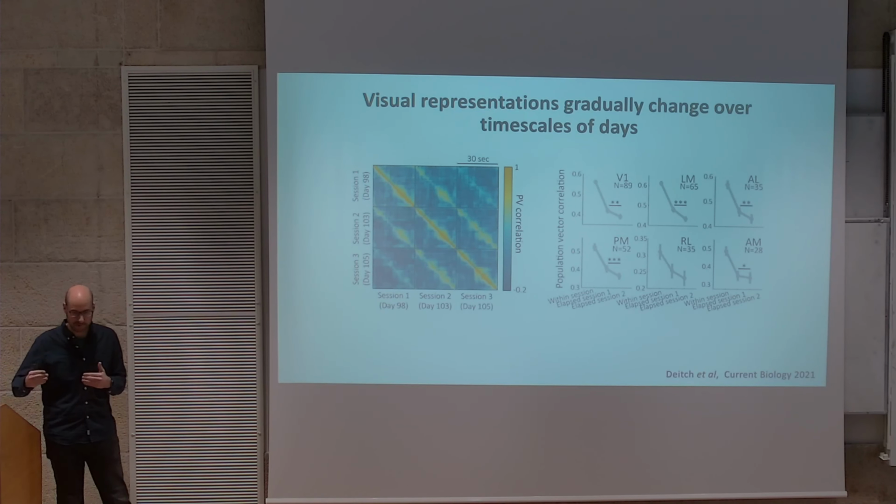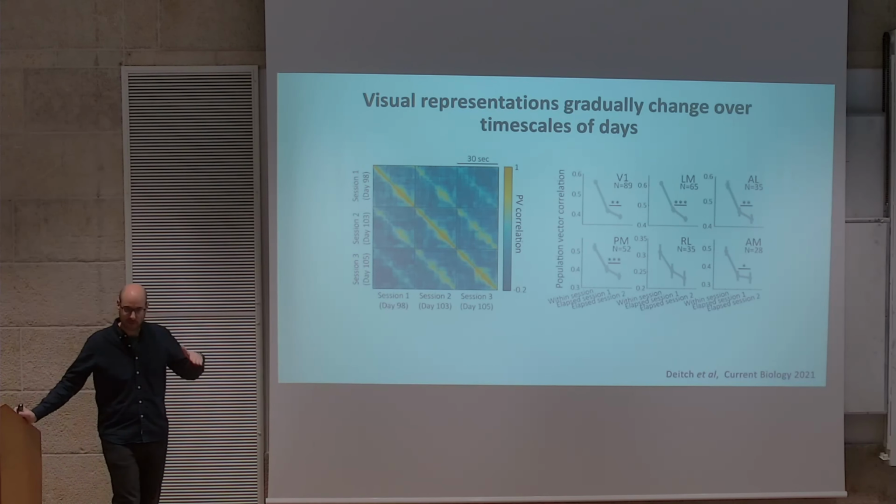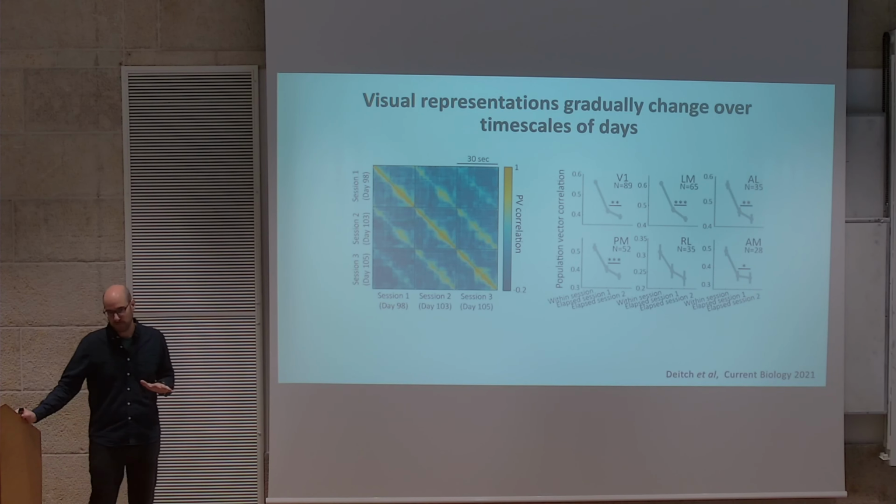It doesn't matter with the threshold. You still see a similar time-dependent decline in the similarity between the activity rates of neurons, both with neuropixels and with calcium imaging data.